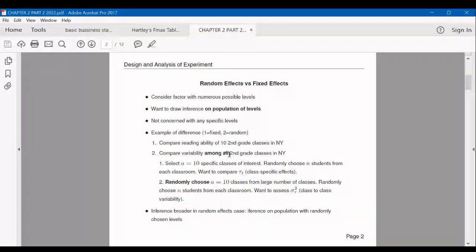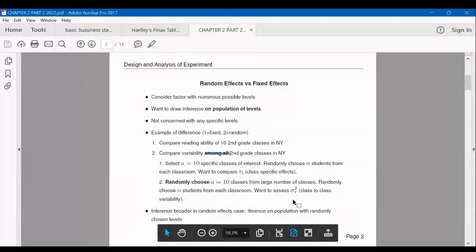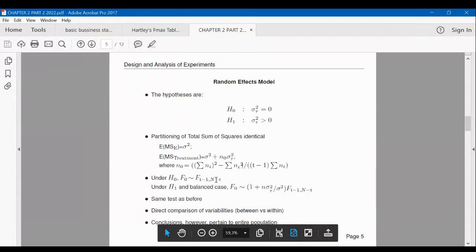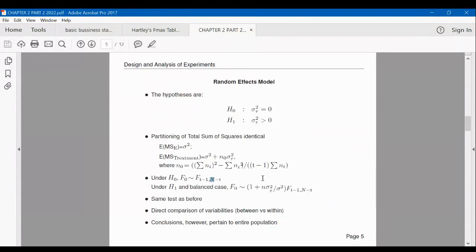SST. No, here's the answer. When we want to find the value from the table, we say t minus 1, capital letter N minus t. Why not small letter n? Let me show you the part. Why are we saying capital letter T here? Capital letter N.